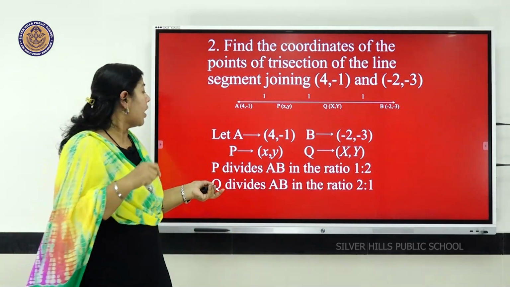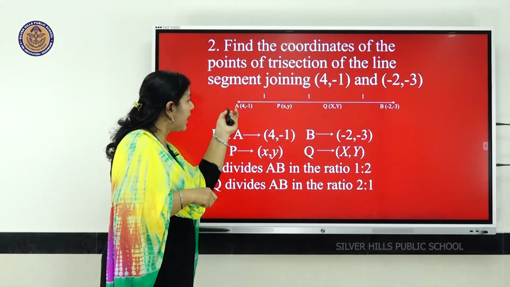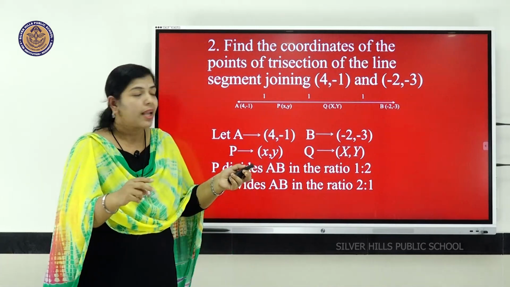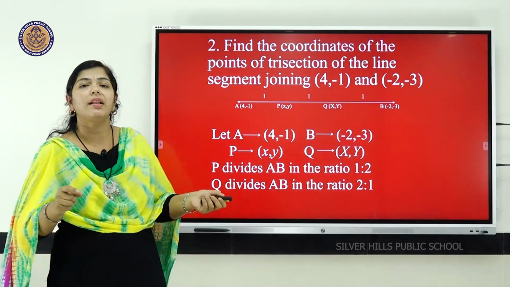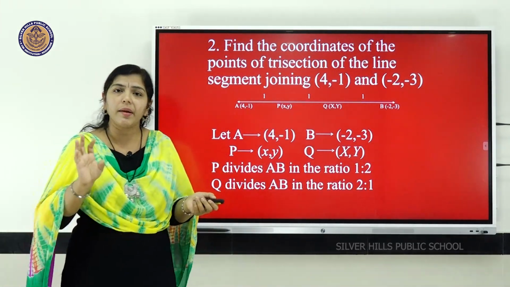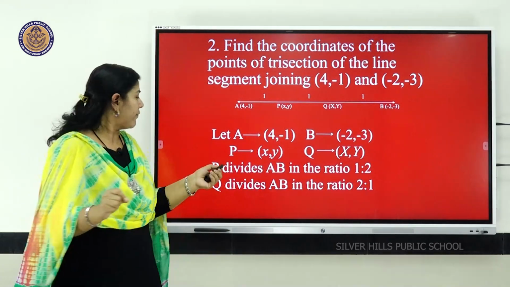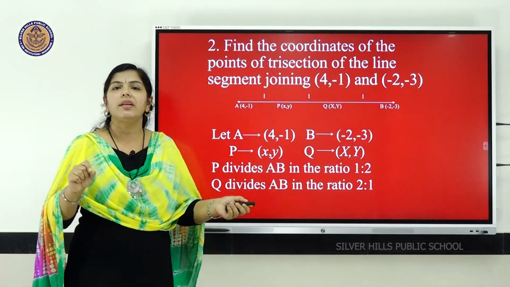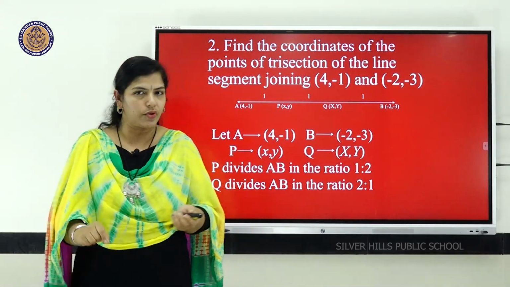Now, how does Q divide? Here you can see A to Q is 2 and Q to B is 1. So, Q divides AB in the ratio 2 is to 1. So, while finding P, m1 is to m2 is 1 is to 2, and while finding Q, m1 is to m2 is 2 is to 1. We should be careful while substituting.